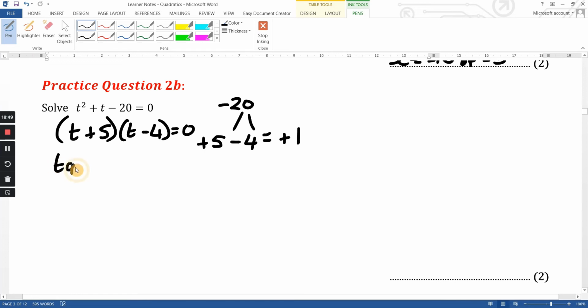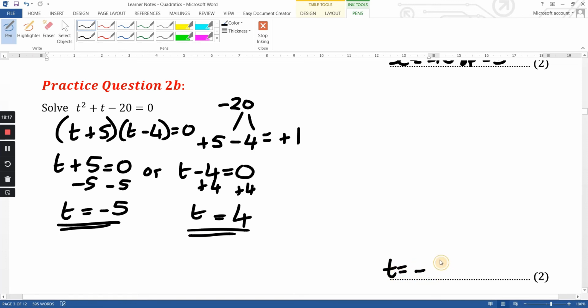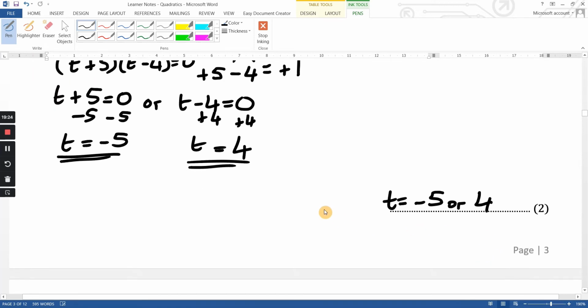So either this equals 0, or that equals 0. Minus 5 to both sides. t equals minus 5, that's my first answer. Plus 4 to both sides. t is going to be positive 4. So t equals minus 5 or 4. Let's move on.